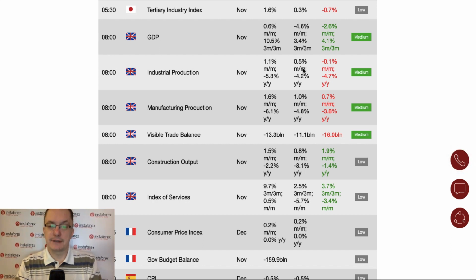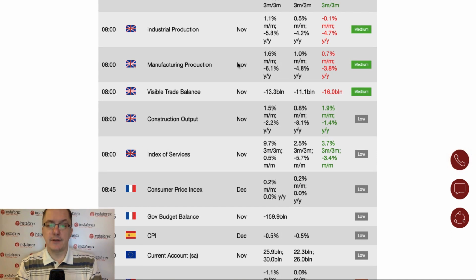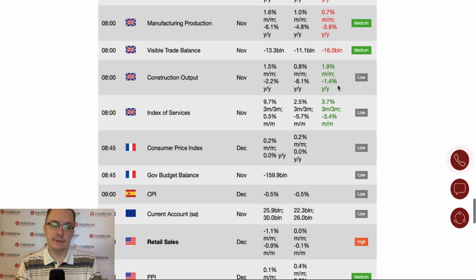Forecast was 0.5%, so as you can see, it's still red. Manufacturing production 0.7%, just under the target of 1% again. And the visible trade balance is widening, so this is not quite that positive. Construction output better than expected, 1.9% versus 0.8%, and the index of services 3.7% versus 2.5% forecast.